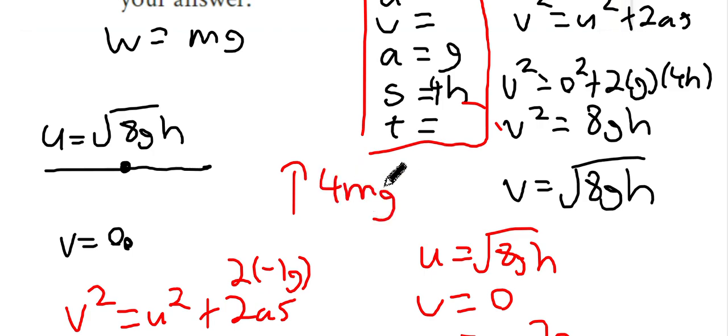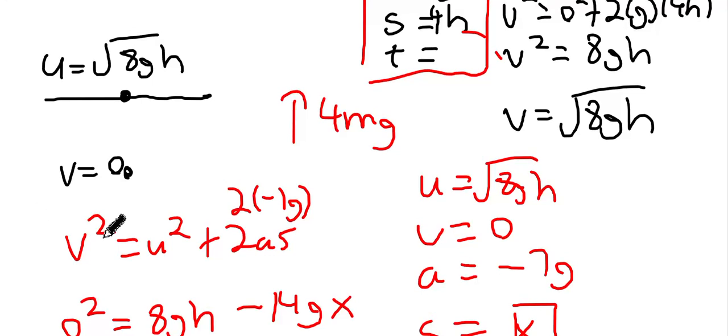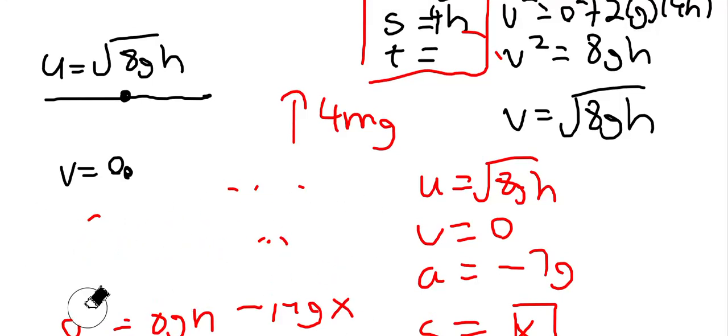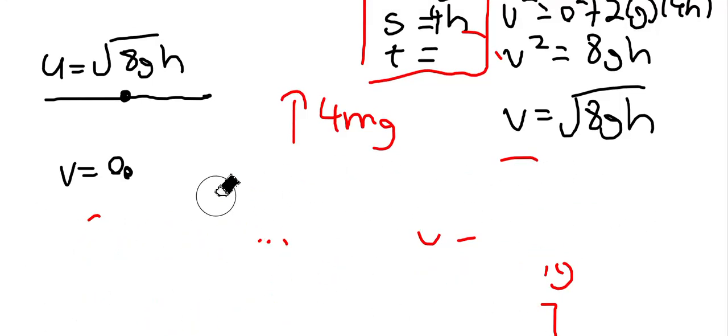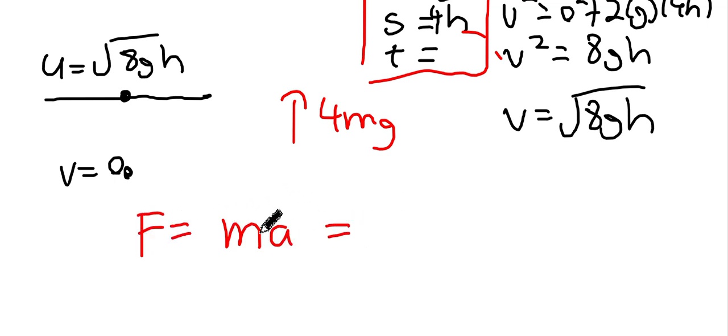Then we would have redone this last step. Do you remember it was 7mg? I'm just going to rub all this out for a minute. I would have said force equals ma, but the mass is actually 4m, so 4ma equals 4mg.